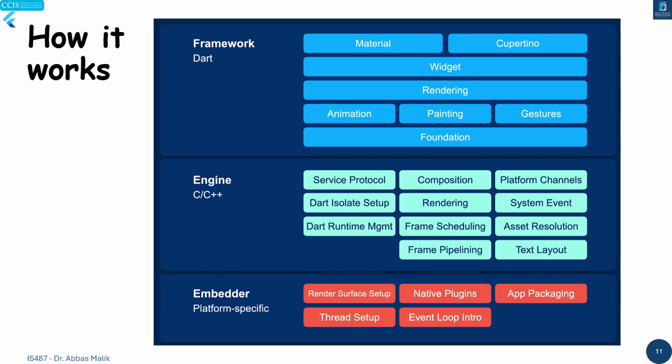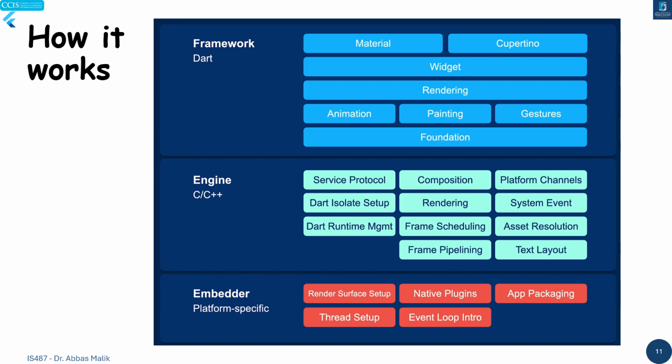So here it actually generates the target. For example, if we want to build an application for Android, then it will make an app package, and look at the native plugins that we can use.